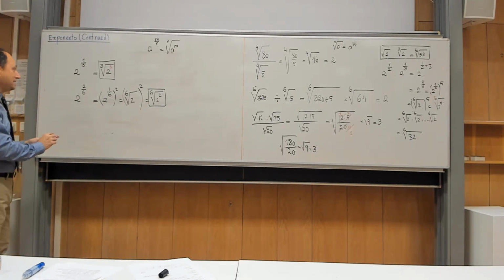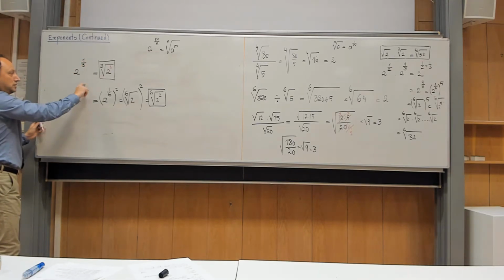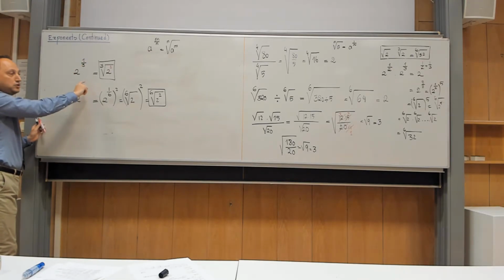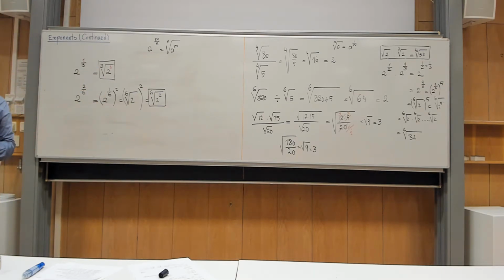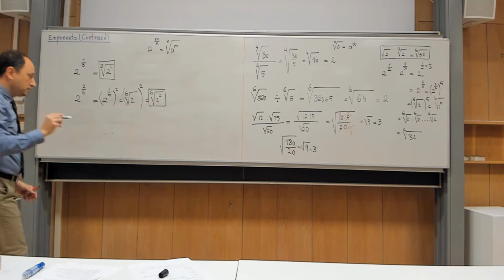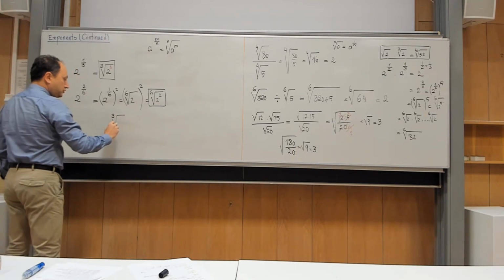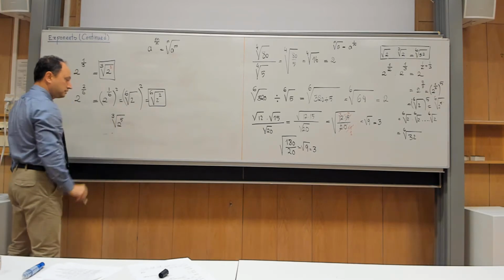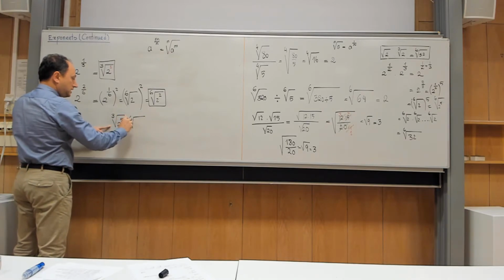The reason is that when you multiply the numerator and the denominator, you will not change this number. And when you do not change this number, you will not change the result. Okay? For example, if I give you the third root of 2 to the power of 5, I can multiply this by 2, write 6.